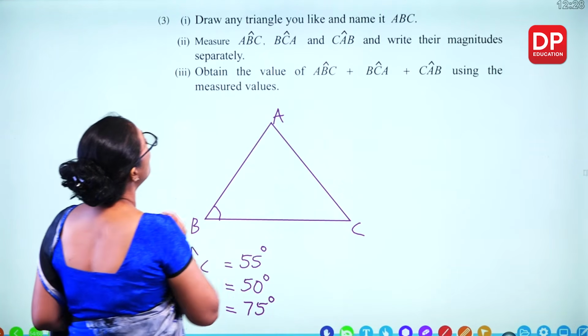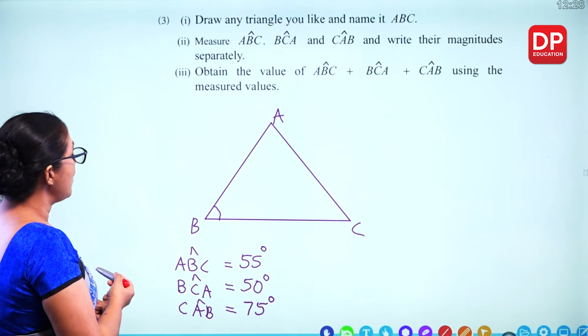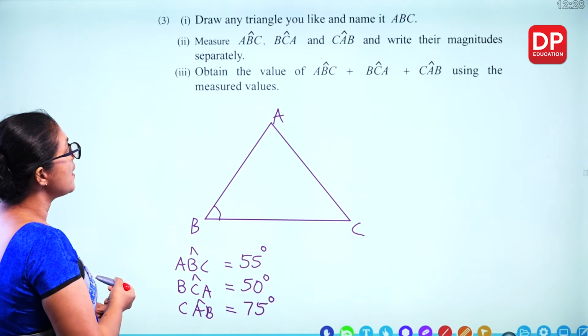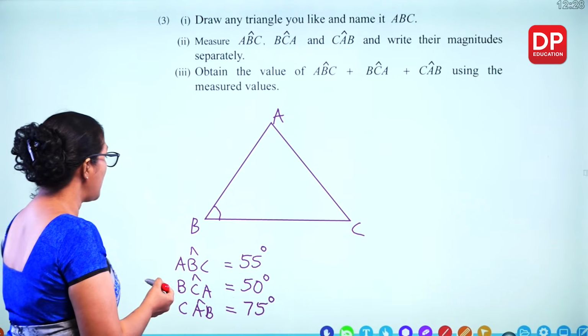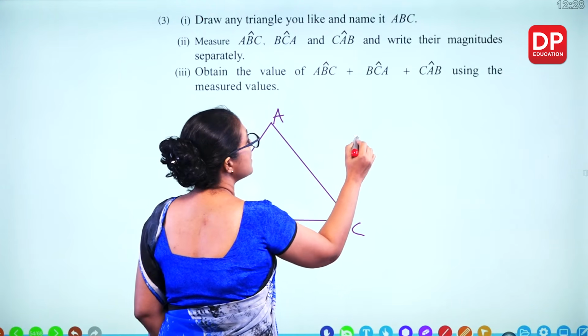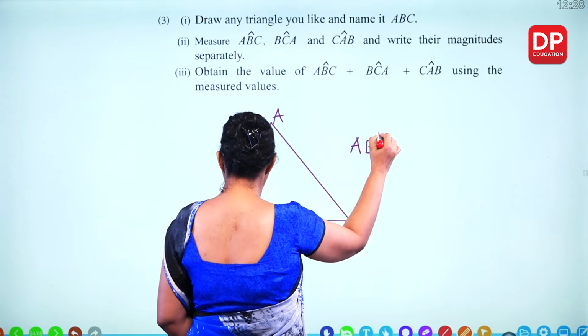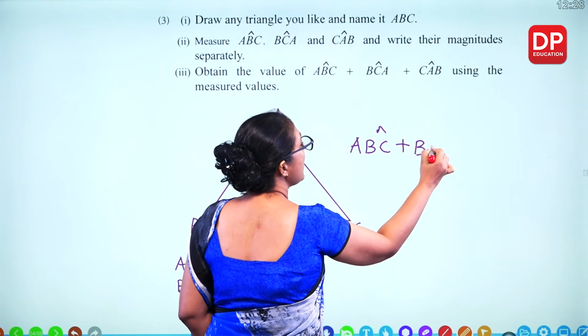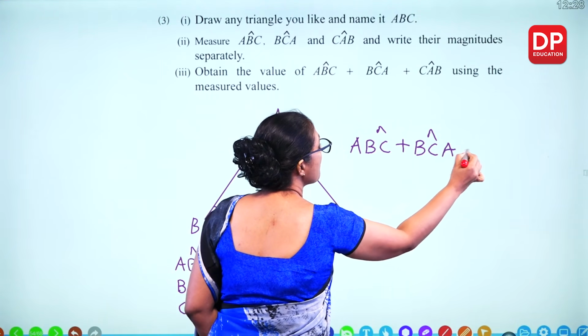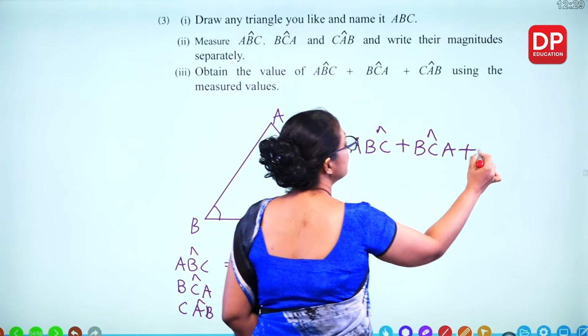Now obtain the value of ABC plus BCA plus CAB using the measured values. So what's the addition? ABC plus BCA plus CAB.